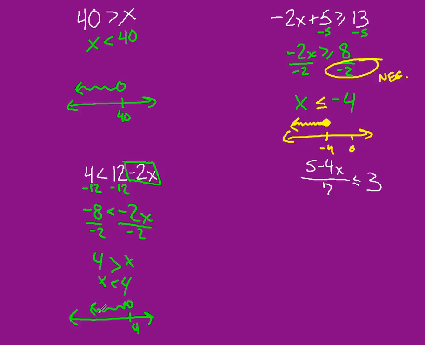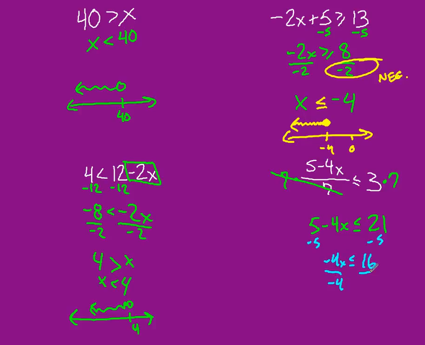Okay, and this last one. Any time you have a fraction, something on the bottom, what I'm going to first do is get rid of that fraction by multiplying both sides by that number. Because if I times 7, divide by 7, it'll cancel, leaving me 21 here. And the numerator just stays the same, 5 minus 4x. And I can solve that just like I've been solving all these problems. I'll subtract 5, leaving me negative 4x less than or equal to 16.